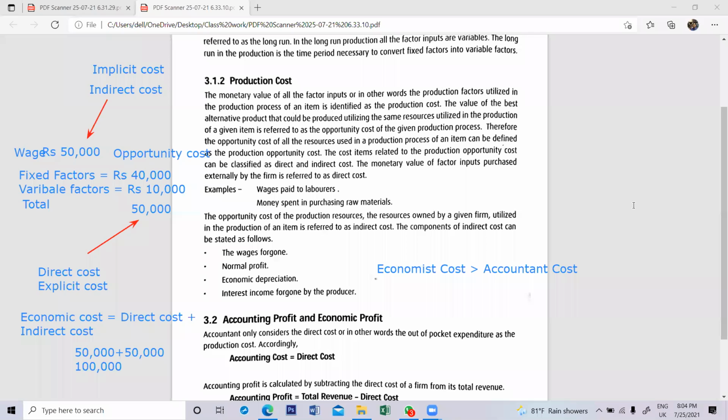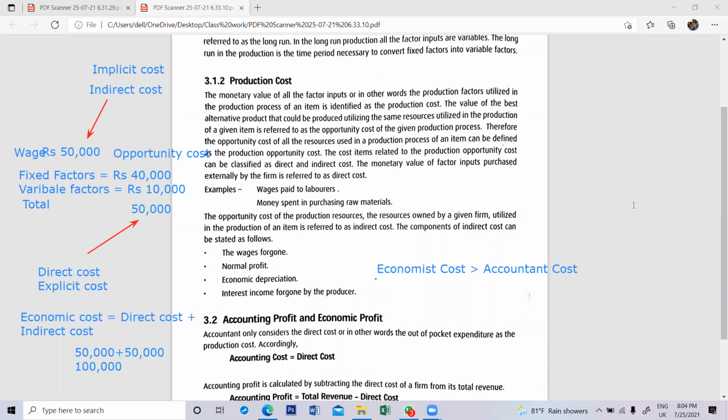So it says there, the monetary value of all factor inputs, or in other words, the production factors utilized in the production process of an item is identified as production cost.